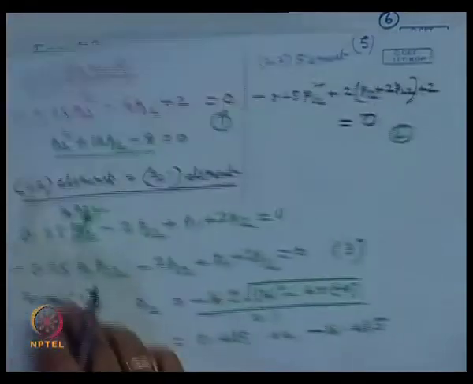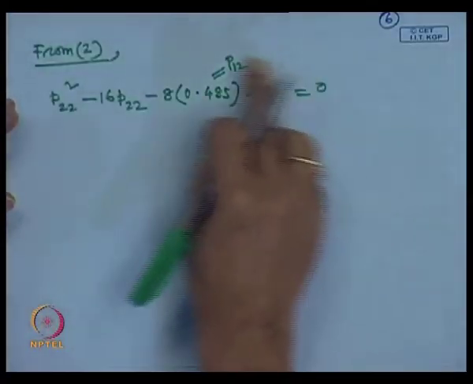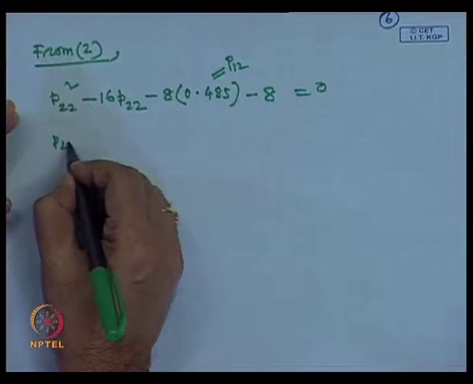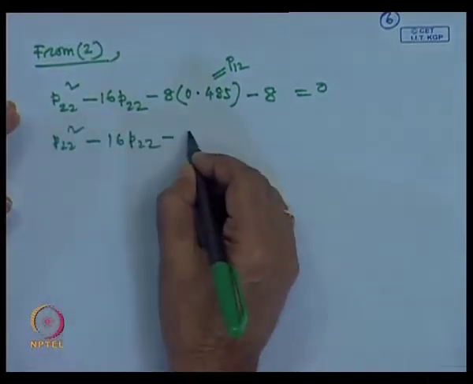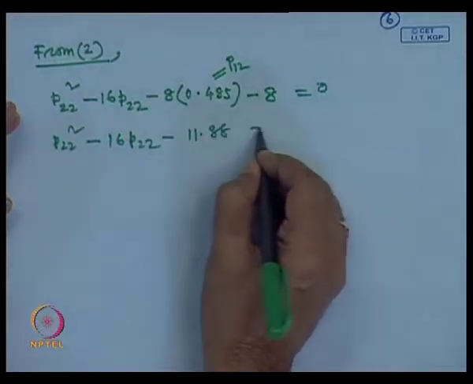So, ultimately our equation is P22 square minus 16 P22 minus 11.88 is equal to 0.